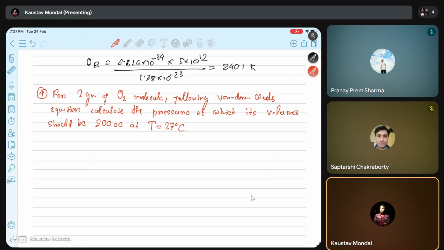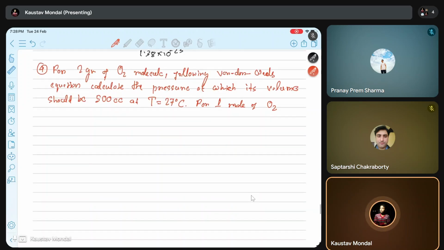So, for 1 mole of oxygen, the constants are given where b is 32 cc, a is 13.6 into 10 to the power minus 5 atm, and R is 0.0821, given in liter atmosphere per Kelvin.